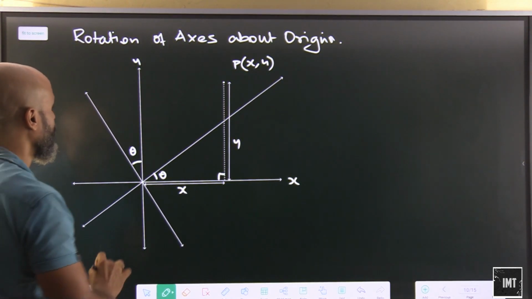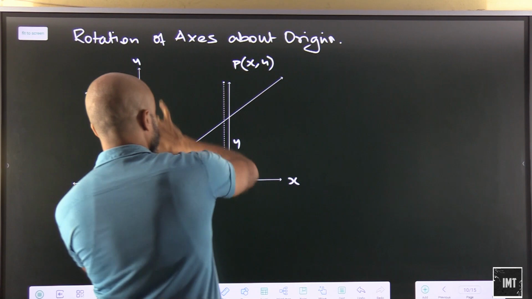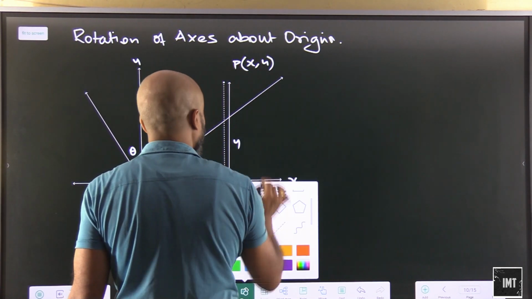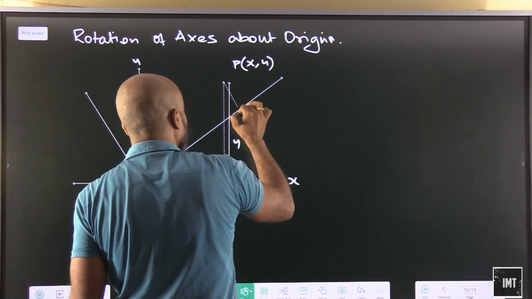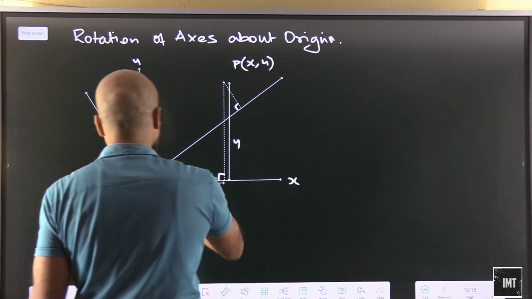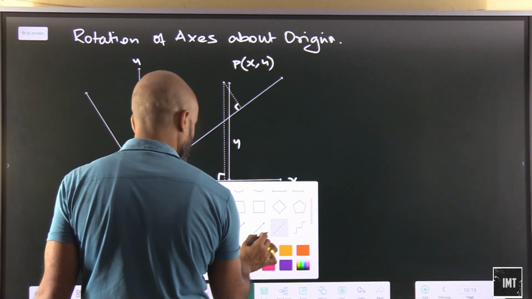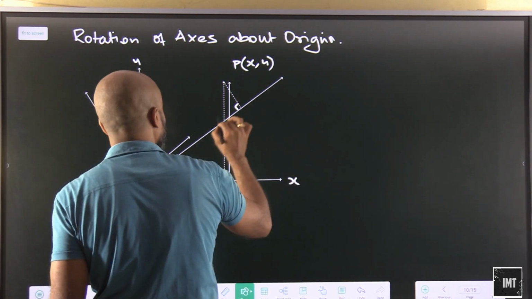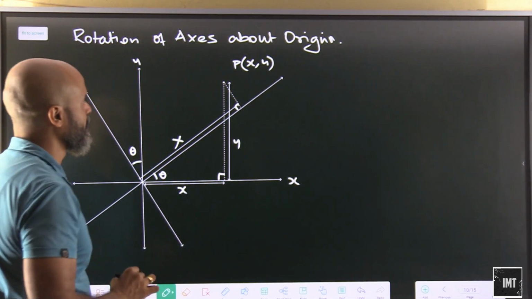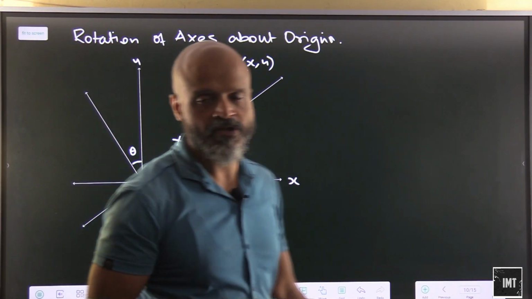Okay, now let's say since this has been rotated, I need to drop a perpendicular from here. Just as I have dropped a perpendicular from here, I will drop a perpendicular from here to this one. So this is going to be now the new x. So I will place a capital X here.